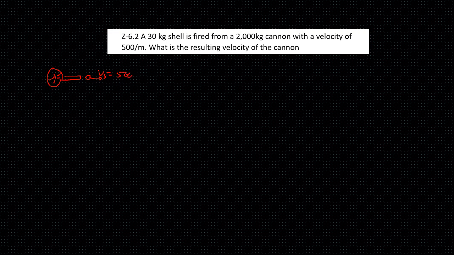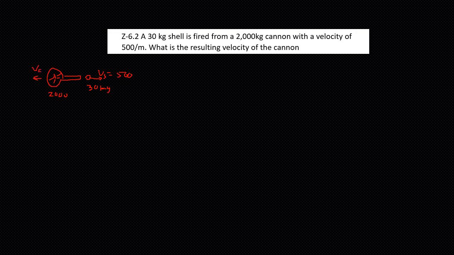The cannonball is 30 kg, and the cannon is 2,000 kg, much heavier. But in your normal experience, if the cannonball goes forward, does the cannon follow it? No, it goes backwards, and that is called recoil. The cannonball's speed is this way.